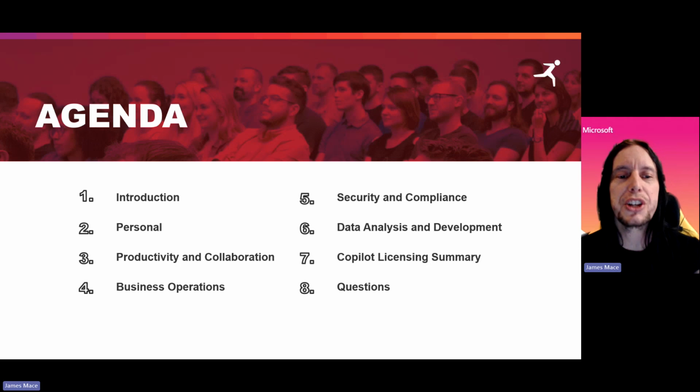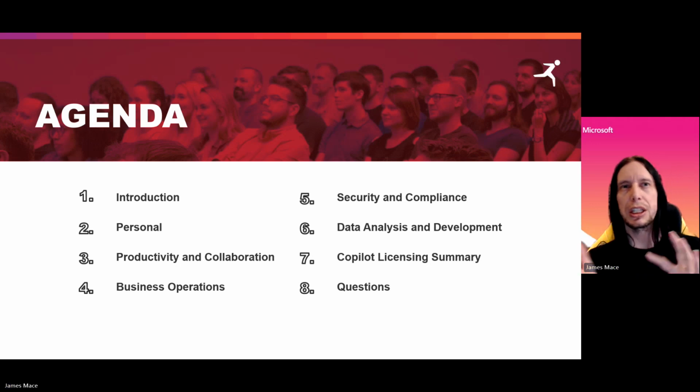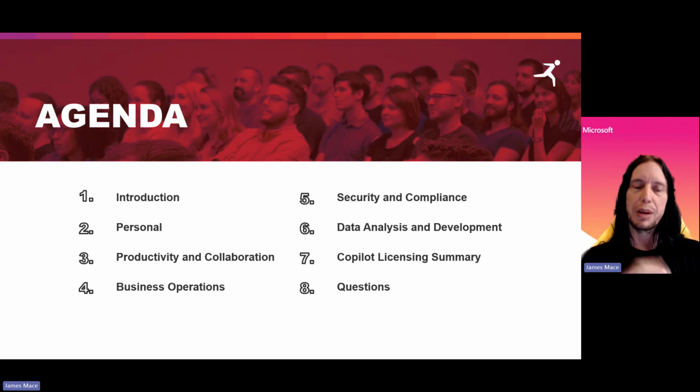Okay, so today we're going to do a brief introduction of what we're talking about, and really we're looking at Copilot and all the different variations and forms of Copilot. So you're going to see that we're not really talking about prompt engineering. We're not really talking about how to use Copilot. We're going to look at all the different variations and get an understanding of which role or when to use it, and maybe some limitations.